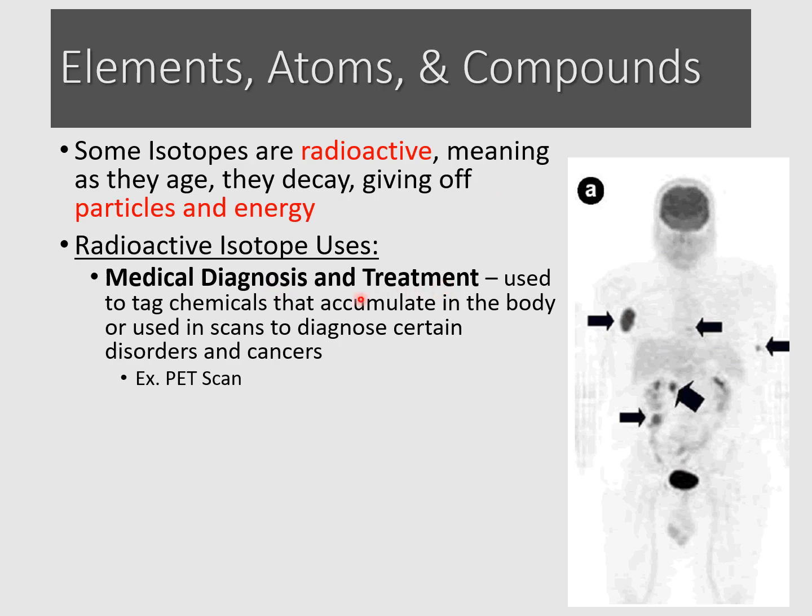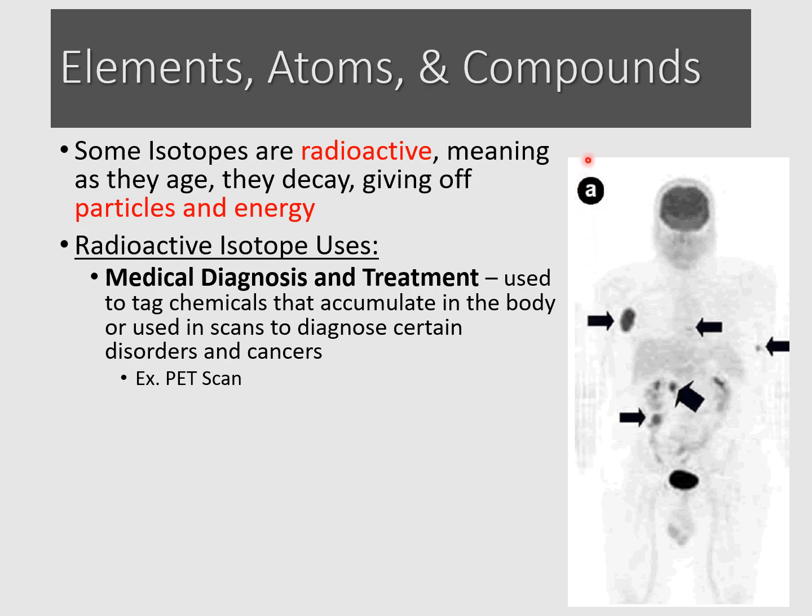Essentially we can use these tagged chemicals in the body, and they're going to show up on scans. This is how we do PET scans. We inject a radioactive isotope, and it's going to find places of high metabolic turnover in the body, and we can pick that up on the scan.